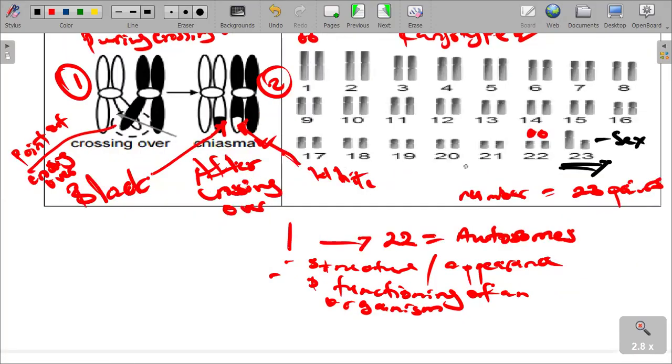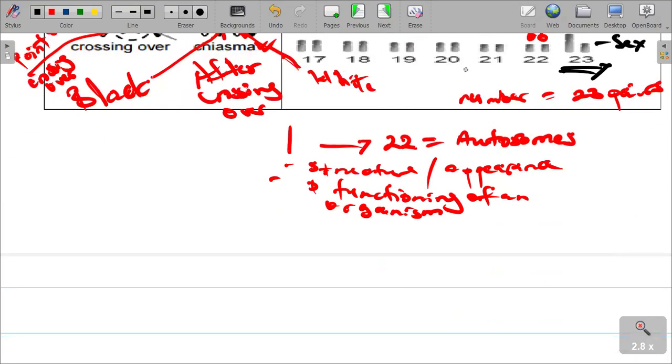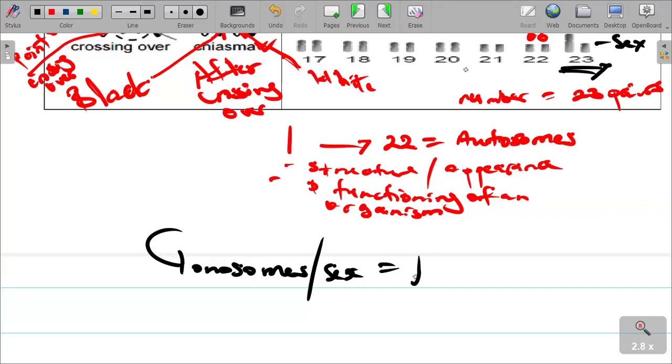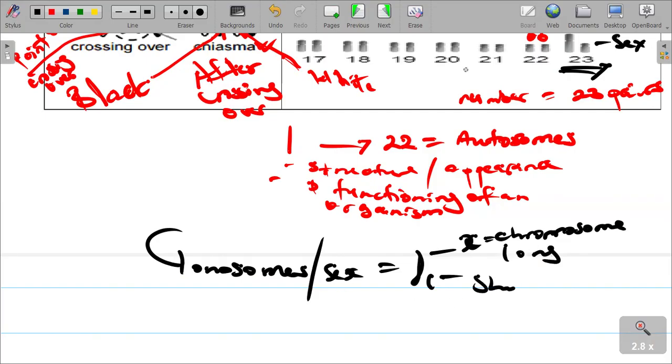When we look at these gonosomes, these sex chromosomes, you shall find that the X chromosome is longer than the Y. This is an X chromosome, a long X chromosome, and a short Y chromosome.